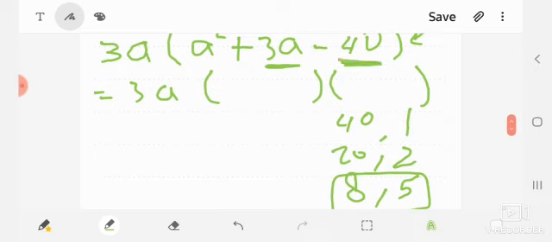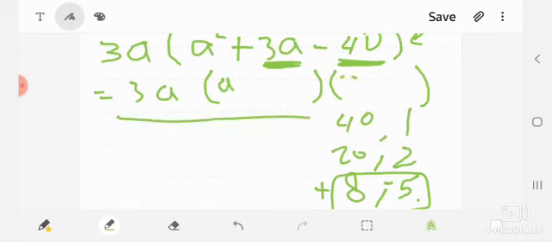So we have negative 40. When we see a negative, one of them is negative. Which one, the 8 or 5? We look at the coefficient, which is positive. So the greater one will be positive and the smaller one negative. We put a and a, with positive and negative, because the third term is negative.